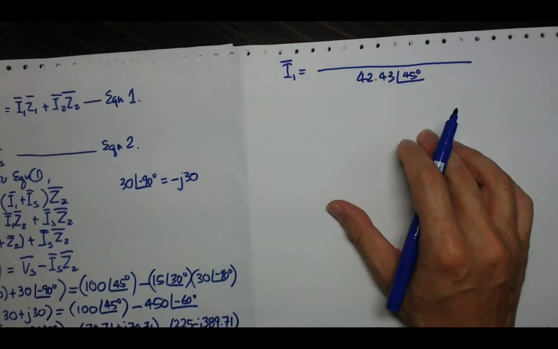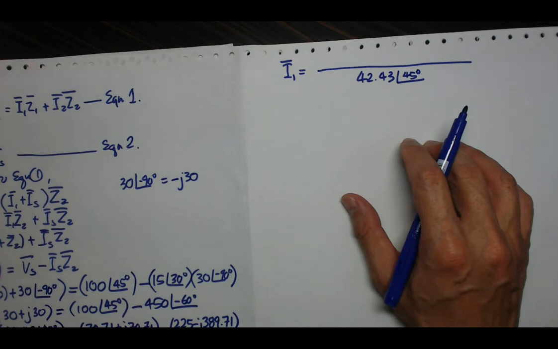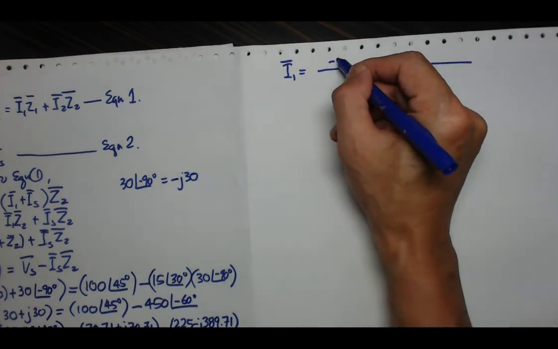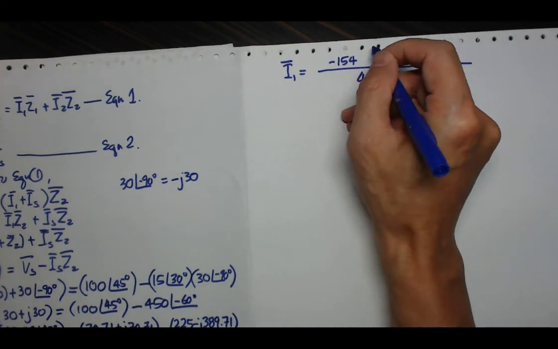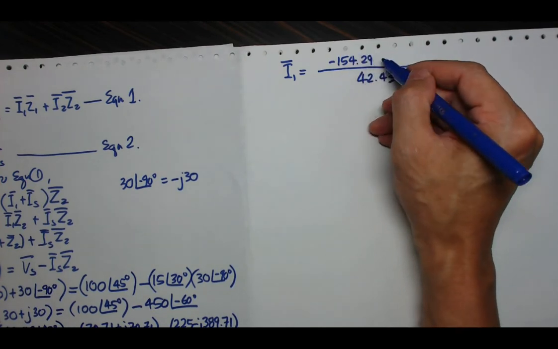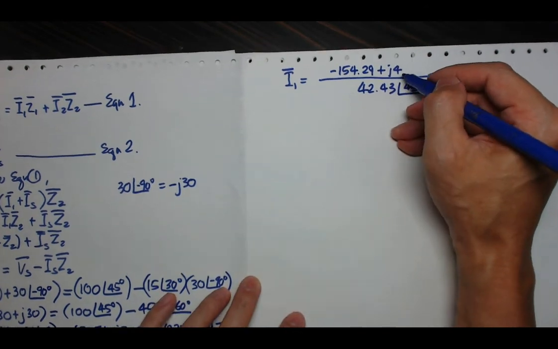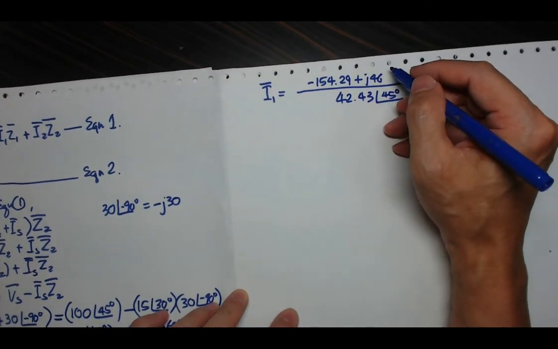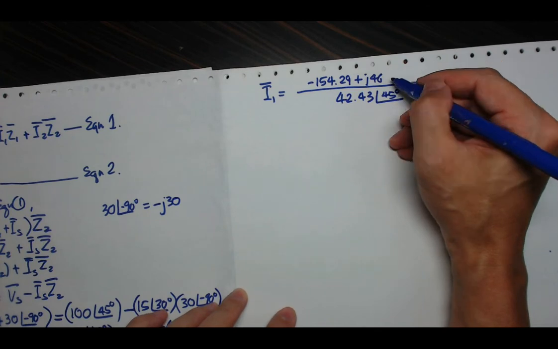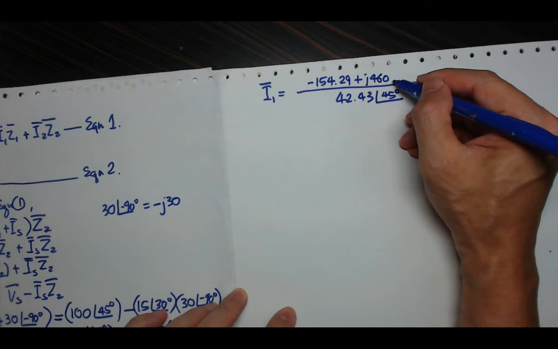And then from the top, I will end up with 70.71 minus, so that will give me minus 154.29 plus j460.42.